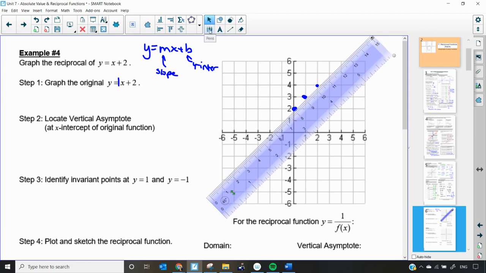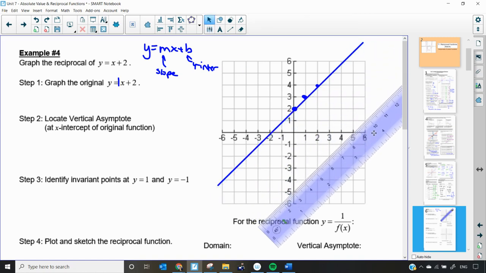It's really important that you're accurate when you're drawing, so use a straight edge. Your calculator makes a really good straight edge. So we draw all the way through the grid, and then we can put our arrows at the end. So we have that graph y equals x plus 2. So that's our first job, our first step.